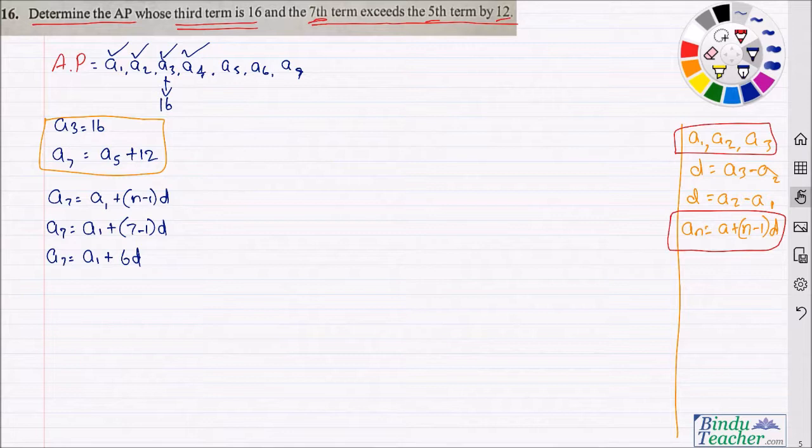Now it's not possible to solve this equation any further, so we will keep it as is.